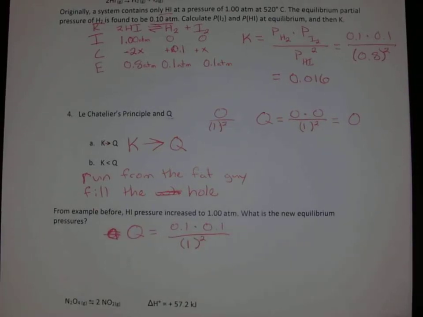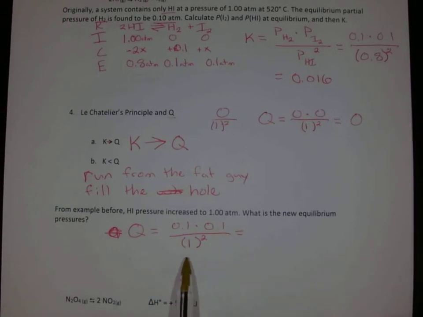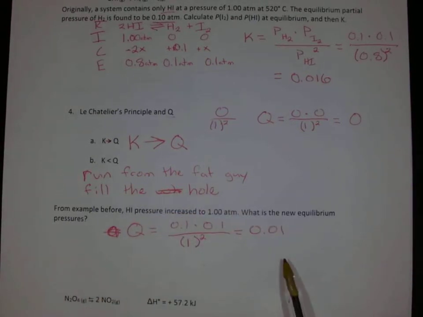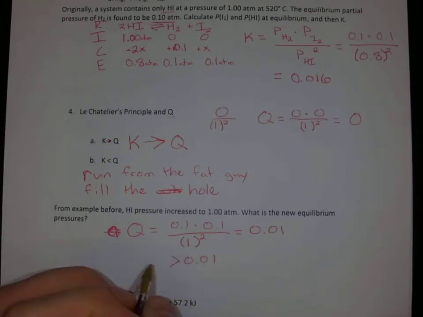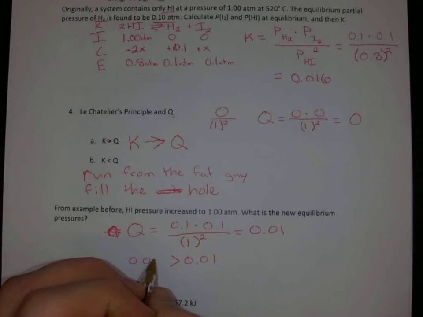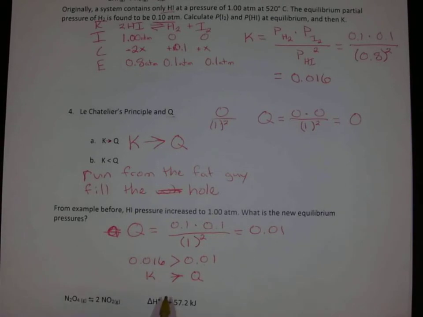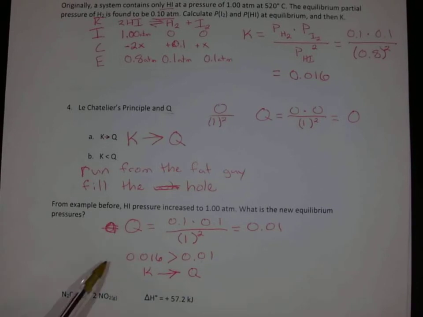We're just plugging in our numbers. 0.1 times 0.1 is 0.01, divided by 1, so we're at 0.01. Now we see 0.01 is less than 0.016. K is greater than Q, so we are going to move to the right. We would justify our claim using this calculation here, okay? So we're going to pause and we're going to come back in a sec.